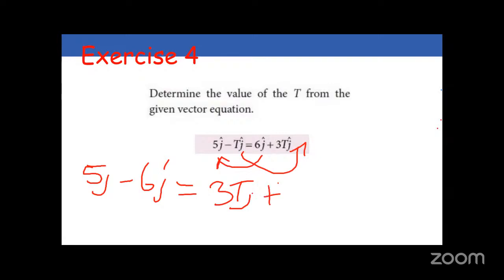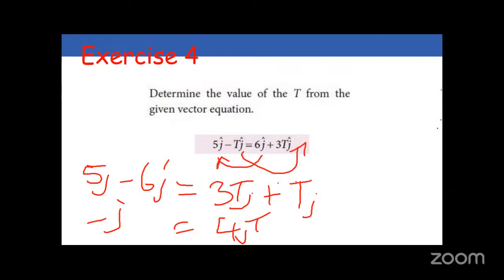plus tj. So 5j minus 6j will give us minus j. And 3tj plus tj will give us 4tj.